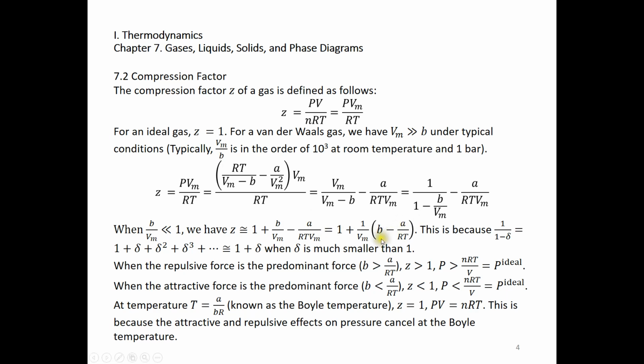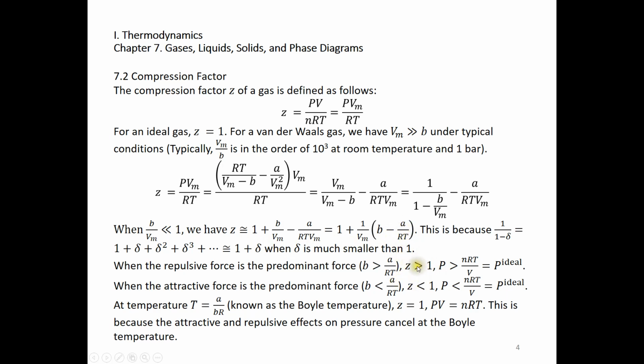And also we can easily analyze this compression factor Z for a van der Waals gas. If B is greater than A over RT, we have Z greater than 1. If B is smaller than A over RT, then Z is less than 1.